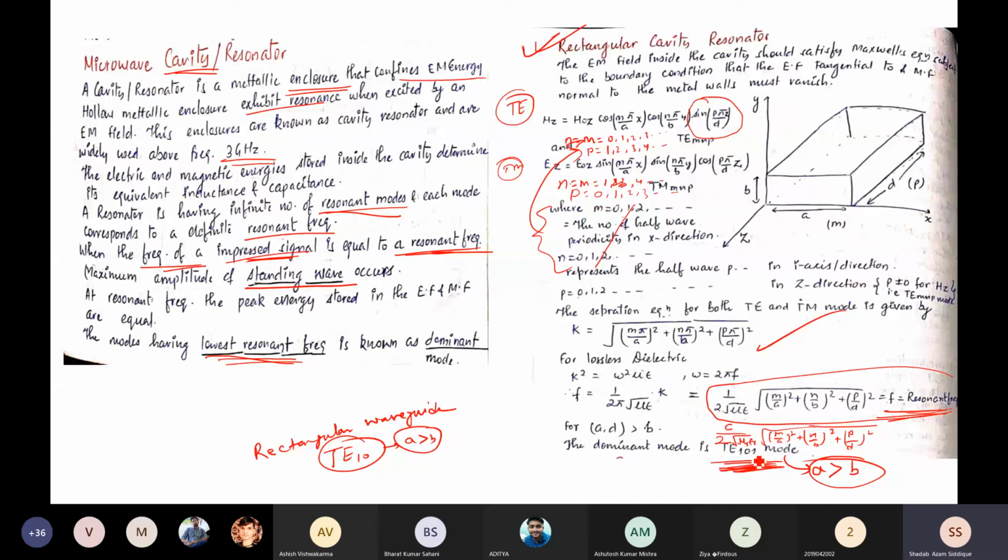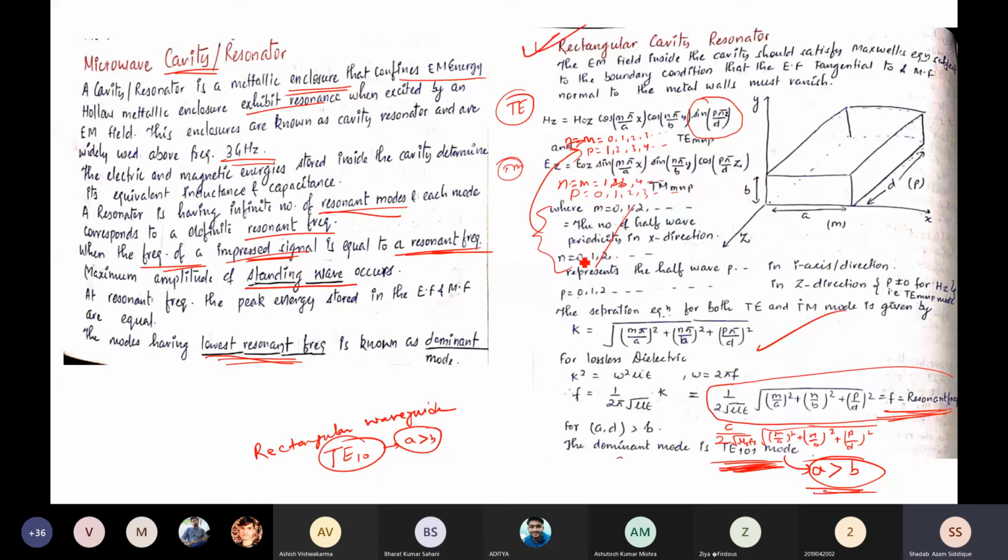So TE101 will be there, subject to the condition a is greater than b. In 99% of cases, a is greater than b, for analysis purposes. So you can relate it with the rectangular waveguide, but here it is a cavity, so we should restrict the z direction.